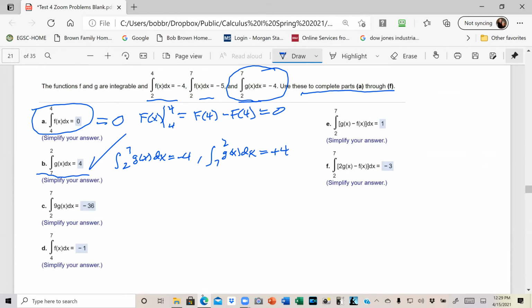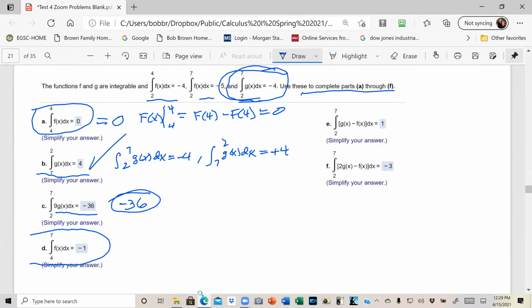C, we want to find the integral of 9g of x dx from 2 to 7. We're going to just multiply by 9 and we get minus 36. Number D, we want to calculate the integral from 4 to 7 of f of x dx.